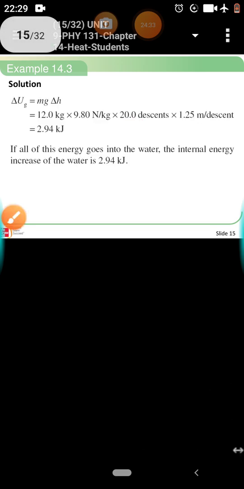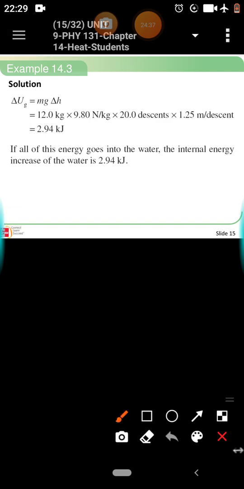So they multiply this distance like this, because if you do it several times, it is equivalent to multiplying the distance by 20, the number of times you do it.